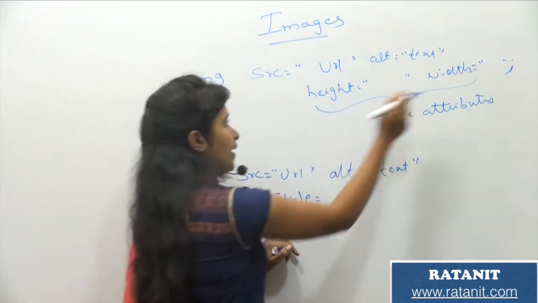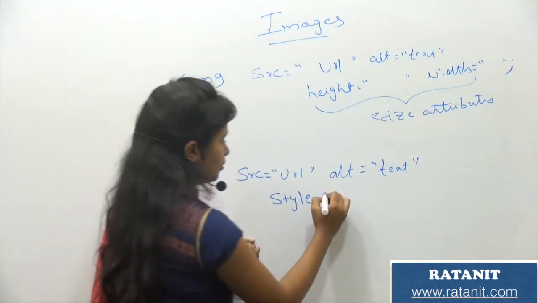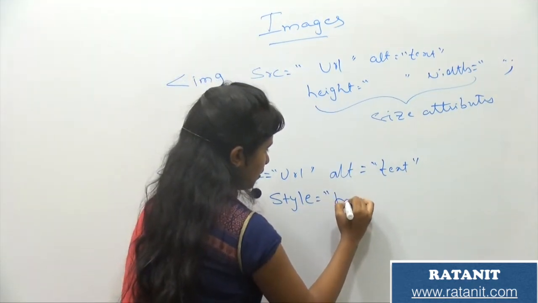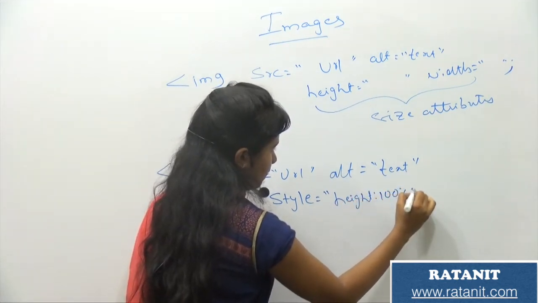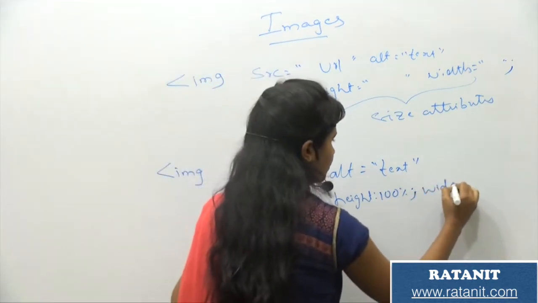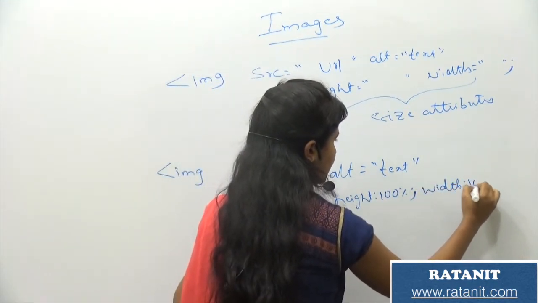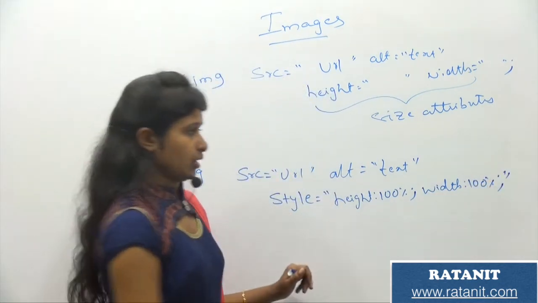In place of height and width, I am adding a style attribute. In the style attribute, I am giving height 100 percent, width 100 percent, and I am closing this.